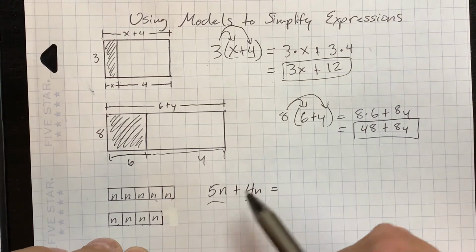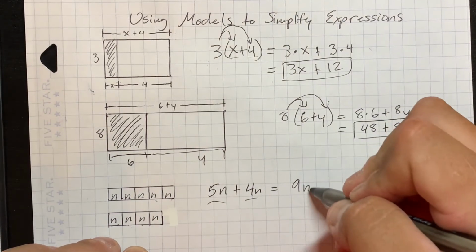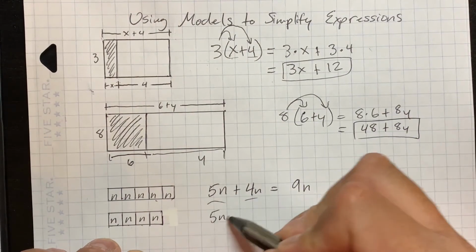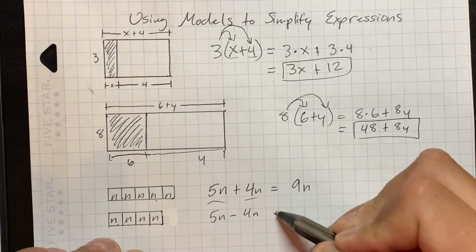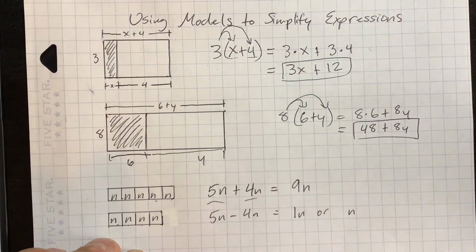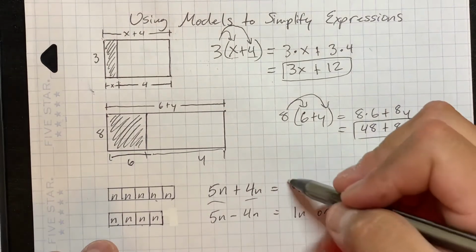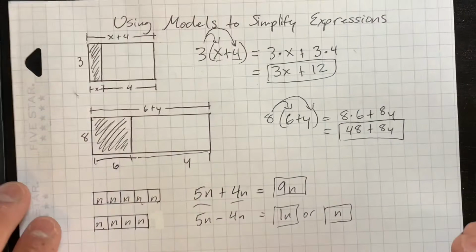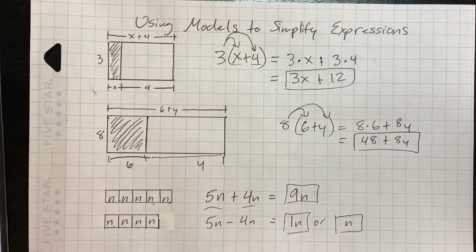So 5n plus 4n will be 9n. Okay. You could even go the other way. So 5n minus 4n would be 1n, or just n. All right, so there you go. Simplifying the expressions, combining like terms, and using the distributive property of multiplication.